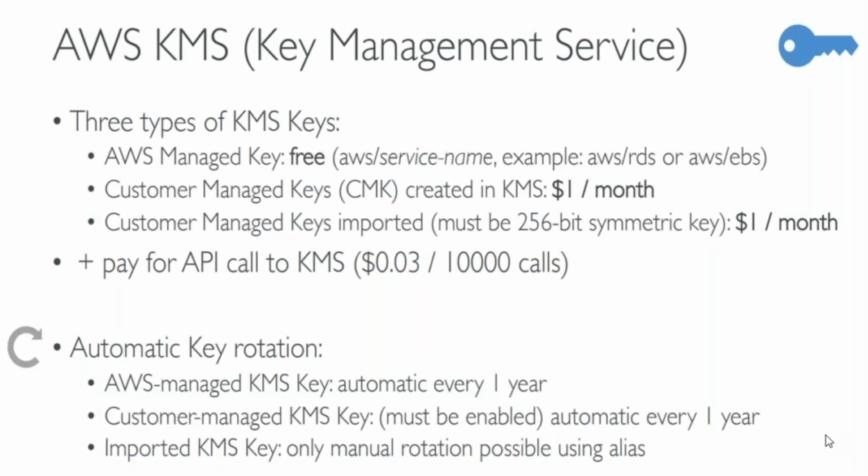And then we have customer managed key imported. This means that we have our own key and we import it into the AWS cloud, and we use it. And team, where you see $1 per month and $0.03 per 10,000 requests, it means that you have to pay as per this.